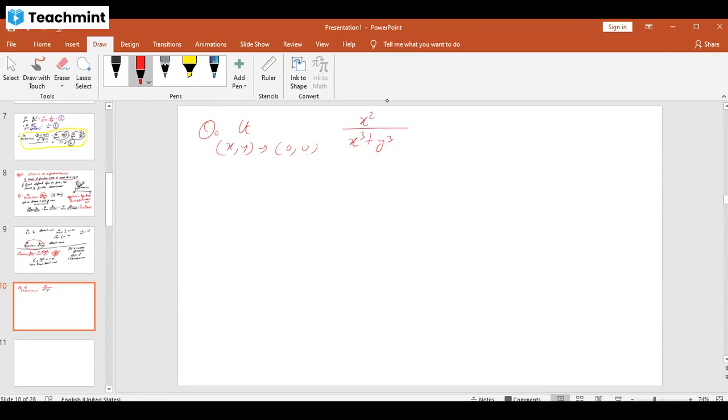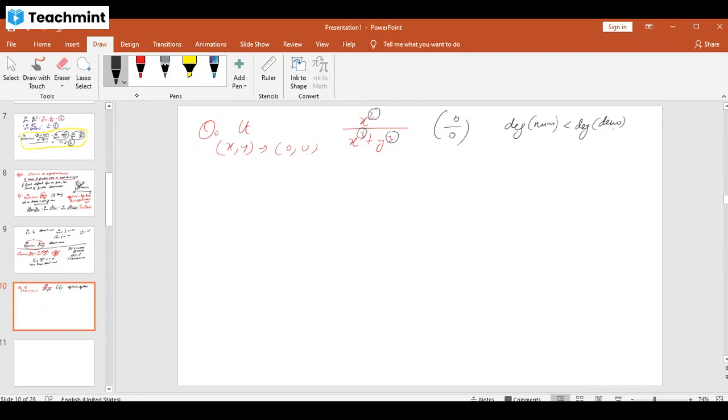Now if you look at this problem, the degree of the numerator function is 2 and the degree of the denominator function is 3. So the degree of the numerator is less than the degree of the denominator, and also it is 0/0 form, because if (x,y) approaches (0,0), it is 0/0 form. So how can we prove that?